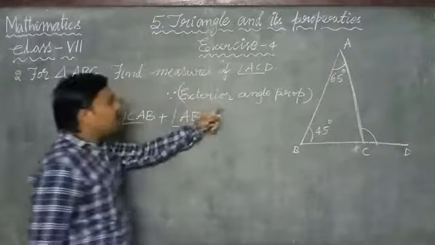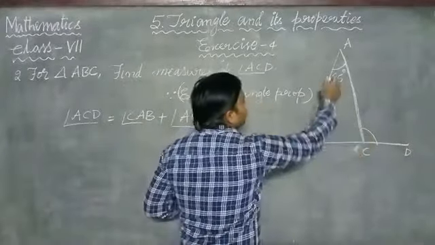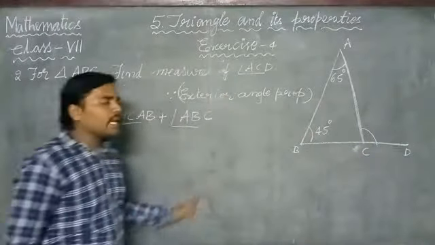According to the exterior angle property, the exterior angle is equal to the sum of opposite interior angles.